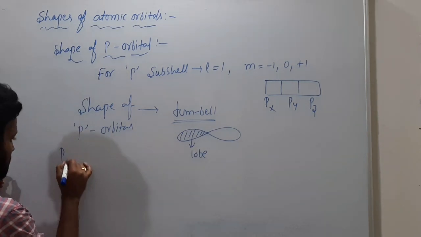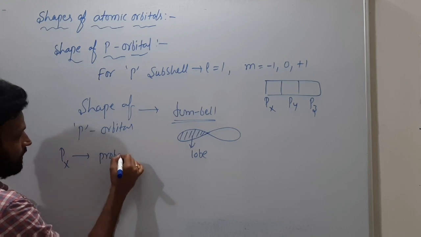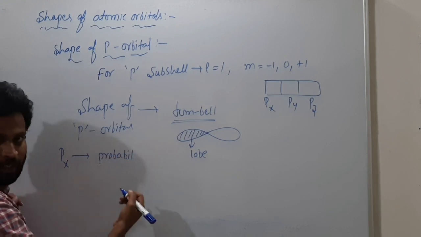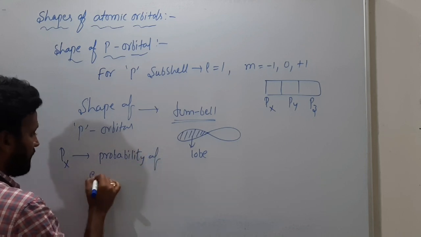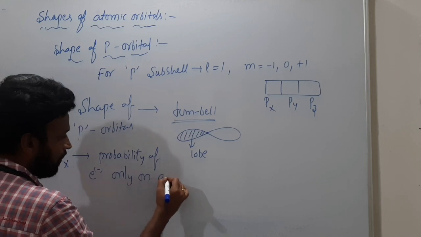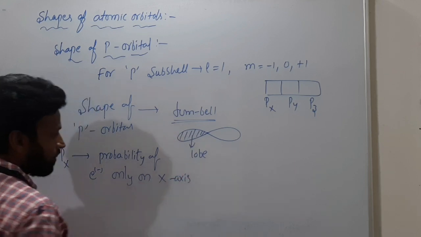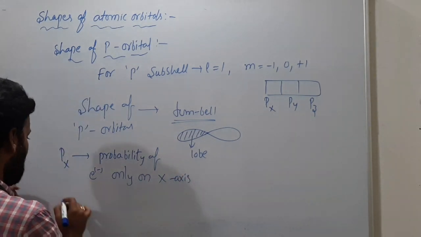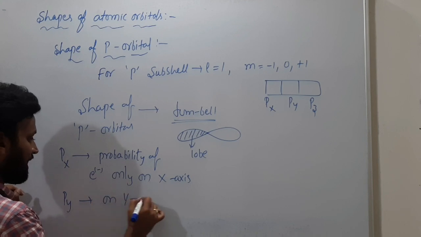What is Px? Px means the probability of finding the electron in the p degenerate orbital is only on the X-axis. Py means probability on the Y-axis.